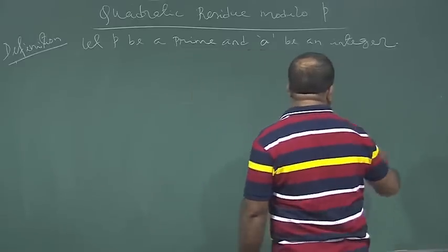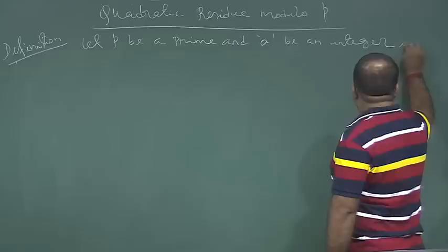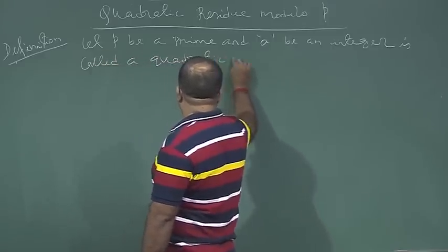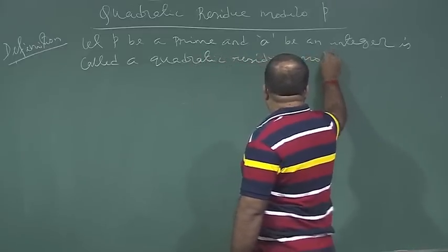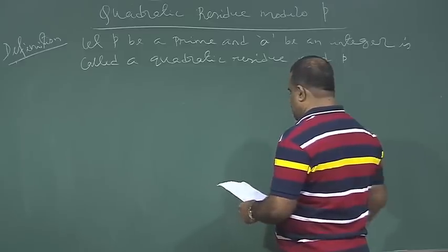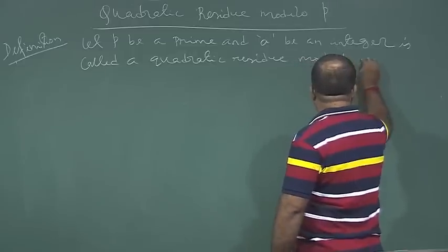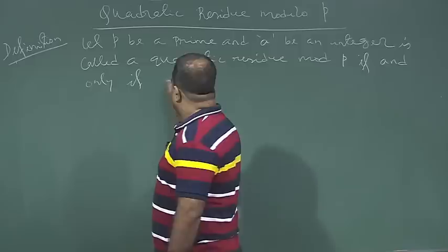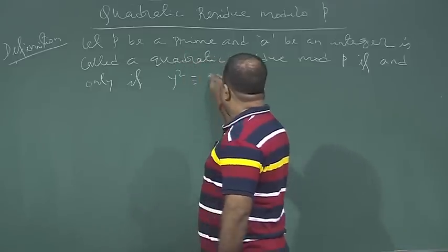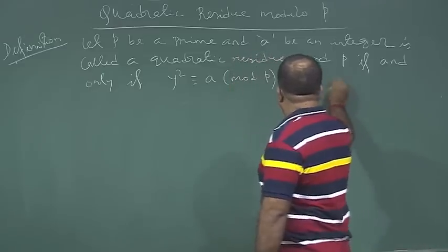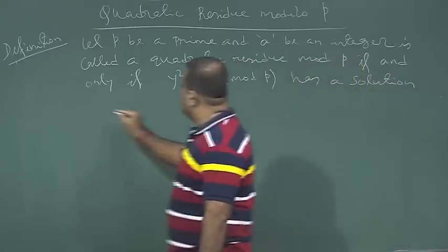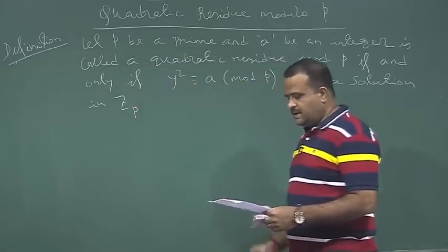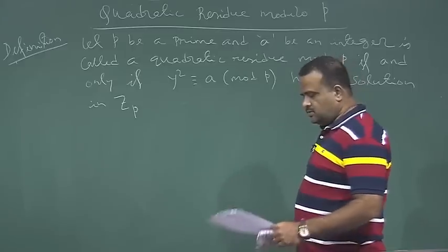Now, we define that the integer a is called a quadratic residue mod p if and only if the congruence equation y square congruent to a mod p has a solution in Z_p.